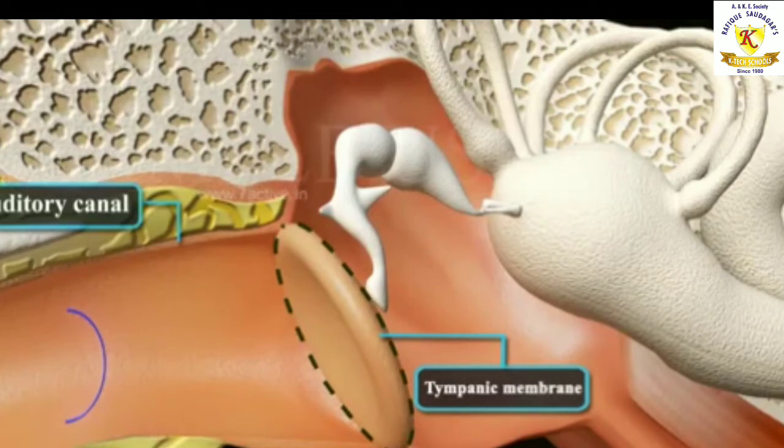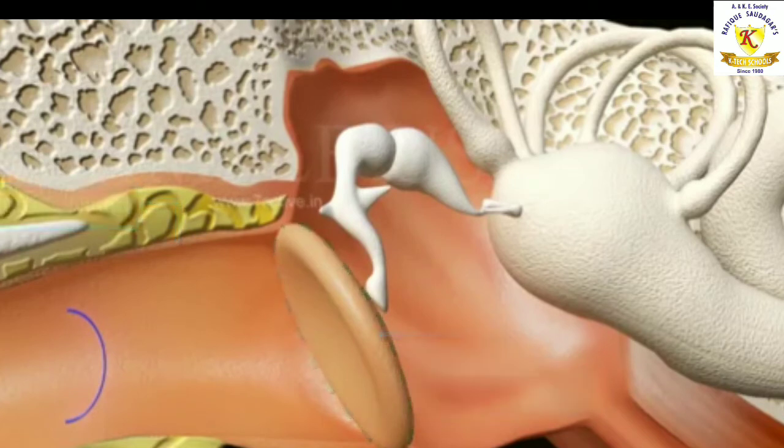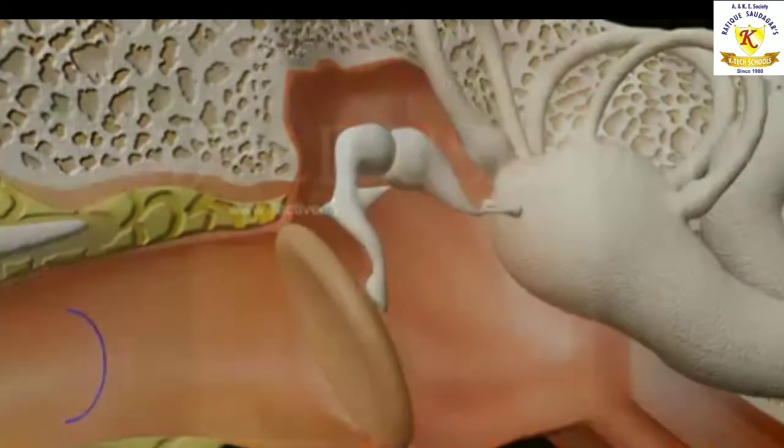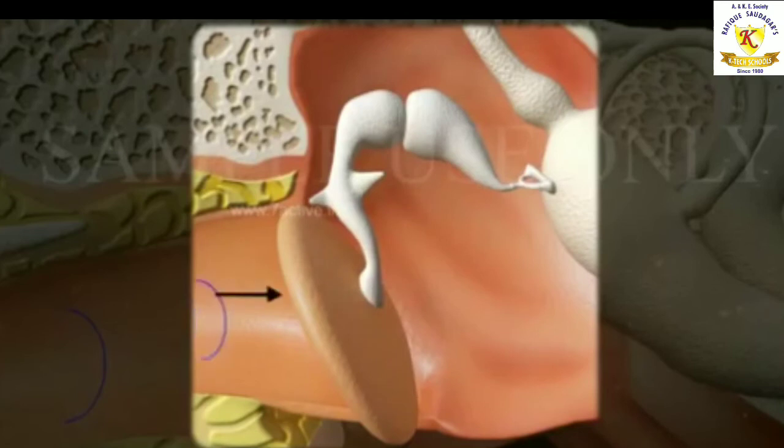As we have already learned, a sound wave consists of compression and rarefaction, isn't it? So when the compression of the sound medium reaches the eardrum, the pressure on the outer side of the membrane increases and forces the eardrum inwards.